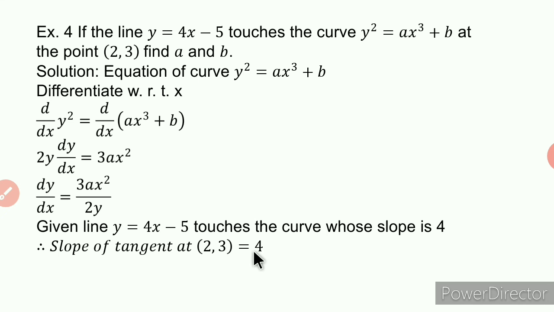This is given to you. But by using the definition of the tangent to the curve, the slope of the tangent at (2, 3) is the value of dy by dx at (2, 3). So dy by dx at (2, 3) is equal to 4. Means in dy by dx we put x as 2 and y as 3.